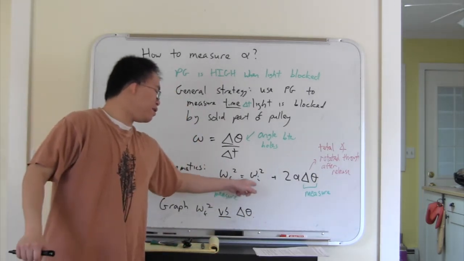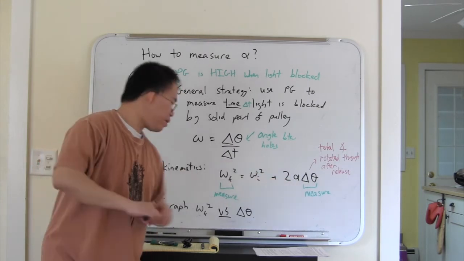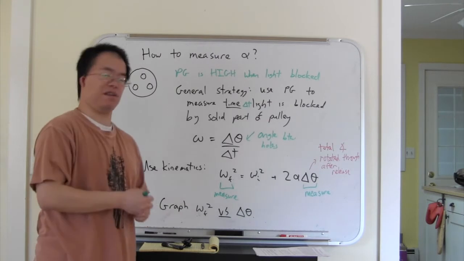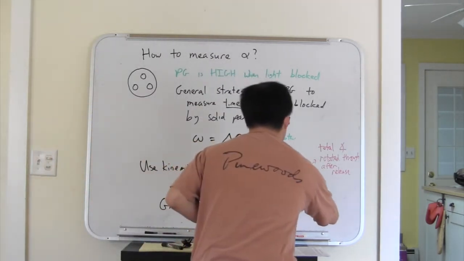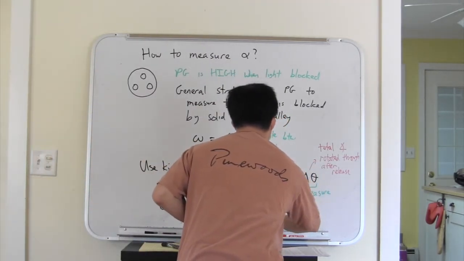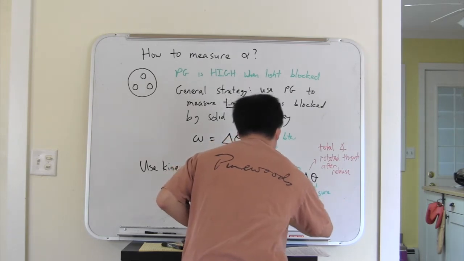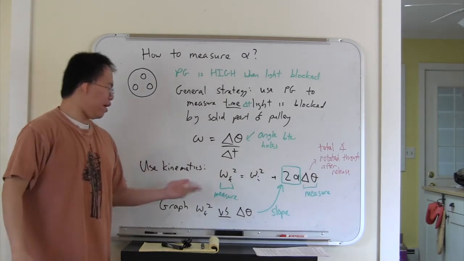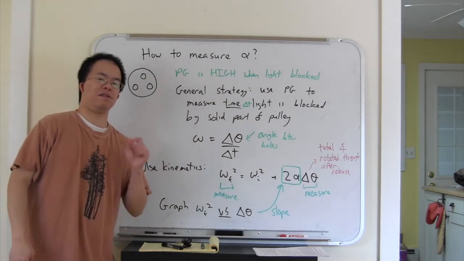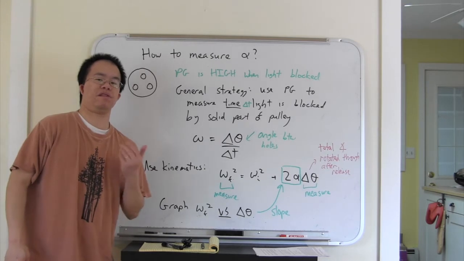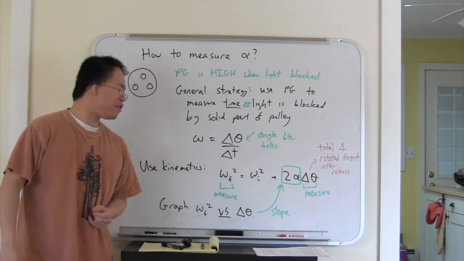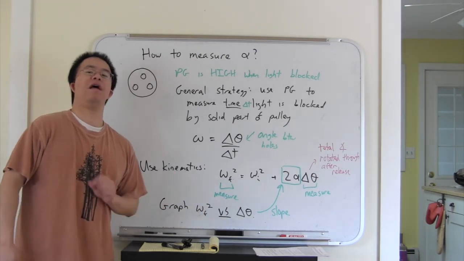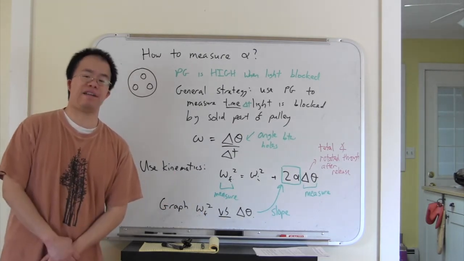This is my intercept, and my slope here is twice the angular acceleration. So let me box that. Graph omega final squared versus delta theta, and the slope gives you twice the angular acceleration. Now in order for this scheme to work, we just need to be able to measure omega carefully, and let me now turn to that question.